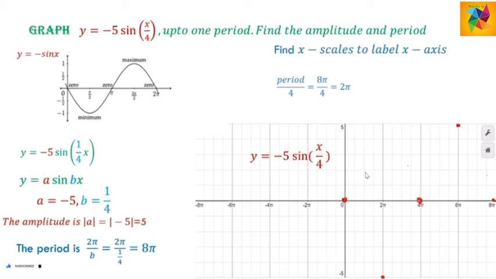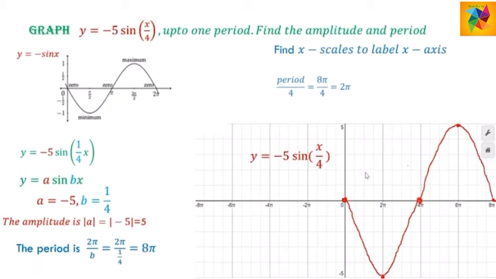Make sure that you don't draw any straight line here. This is a curve. It reaches the midline and now it's going back up until it reaches its max. Once it reaches max, it goes down until it reaches the midline.